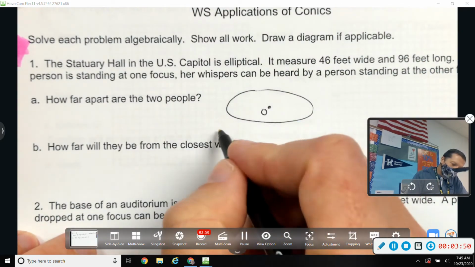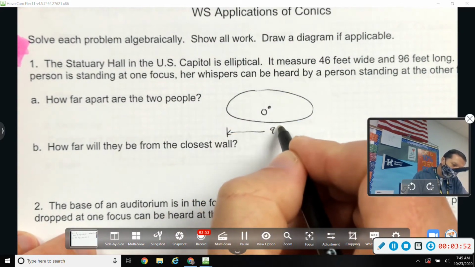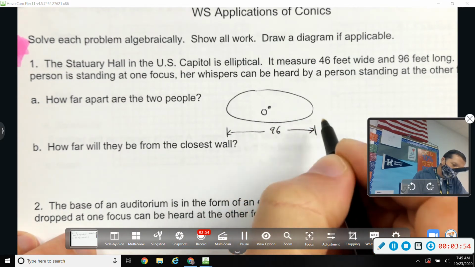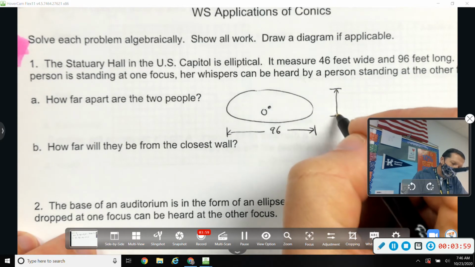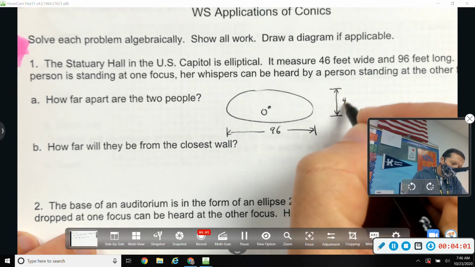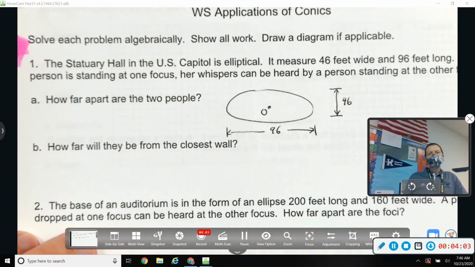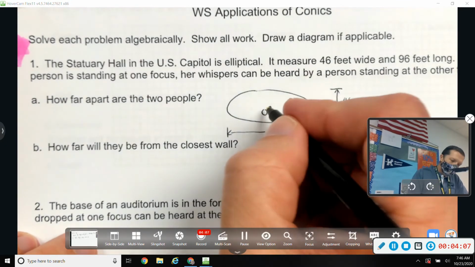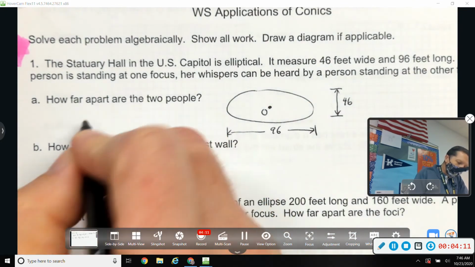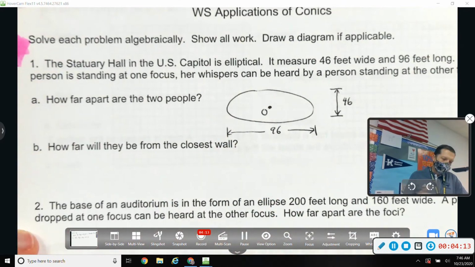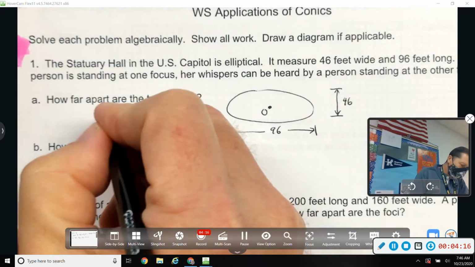All right, it's 96 feet long. And I'm trying not to label this in the ellipse. And 46 feet wide. And if that's my origin, then I can start writing the equation. So I'll draw the picture, pick the origin, write the equation.